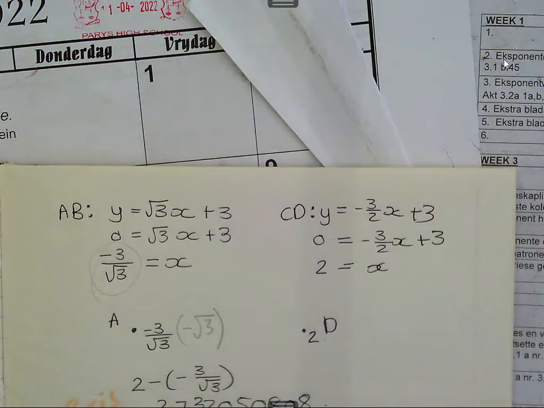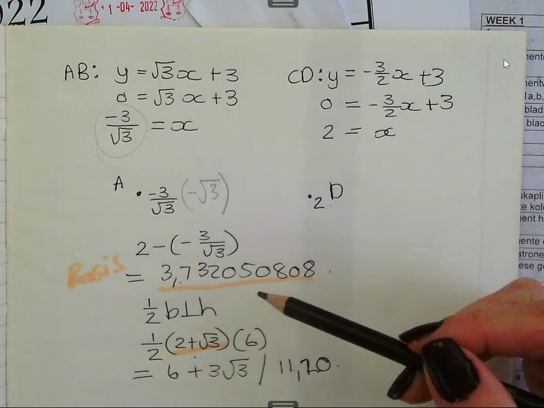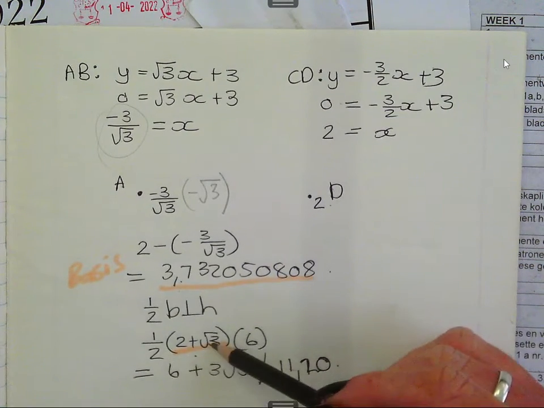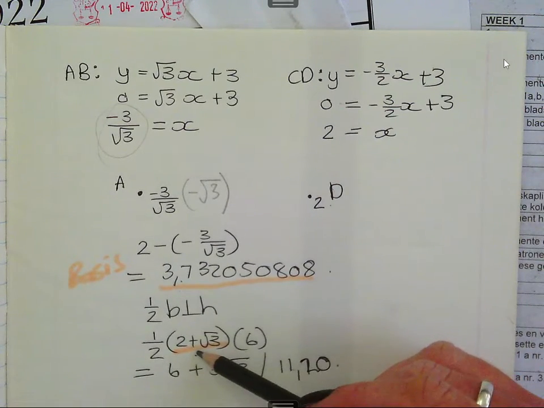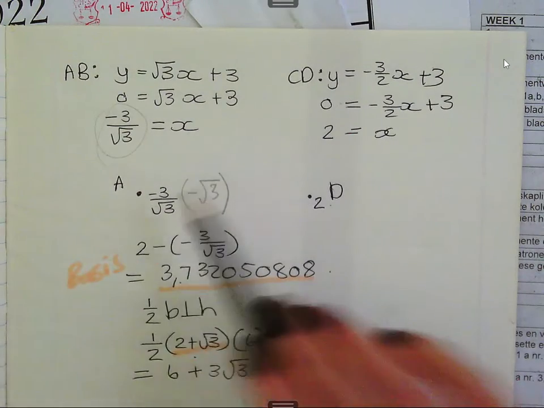So I subtracted to that number that I highlighted there. That's the same as 2 plus root 3. This is just a decimal, and this is when it's in surd form. And both of them I get by subtracting these two from each other.